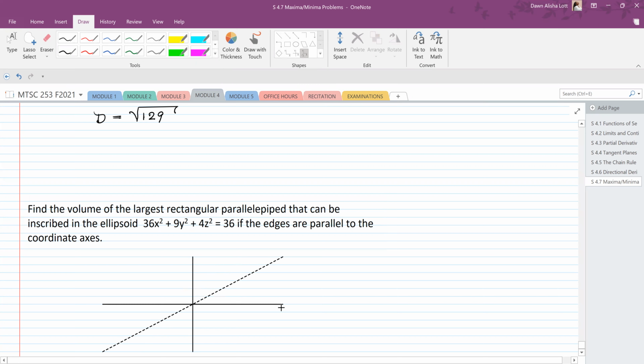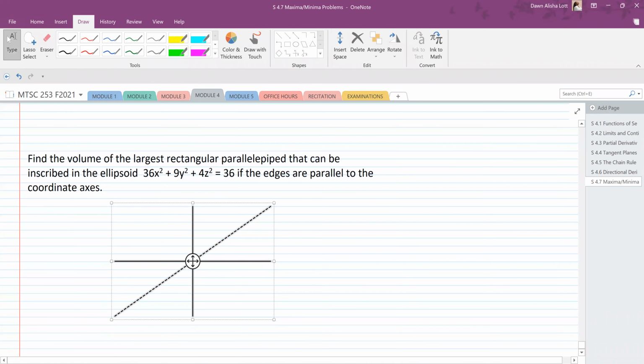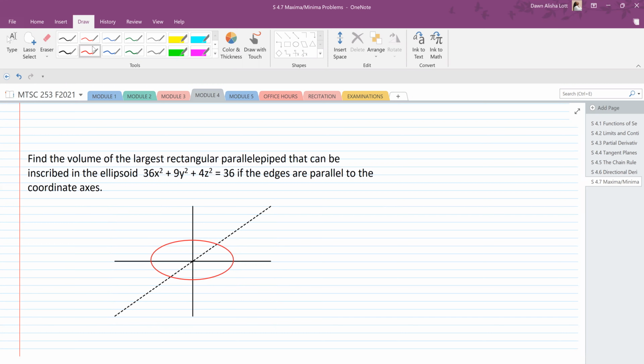So let's draw the ellipsoid. I have an ellipse that looks like this, and then I have an ellipse that looks like this.